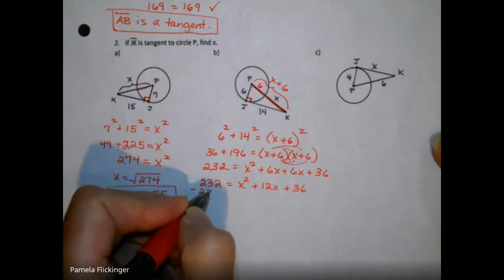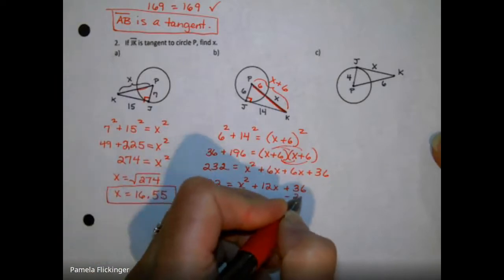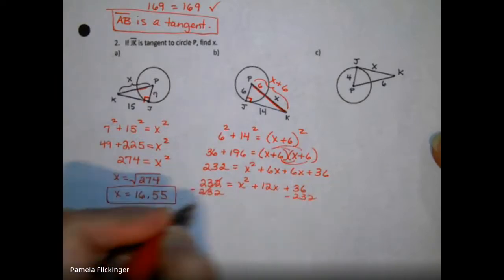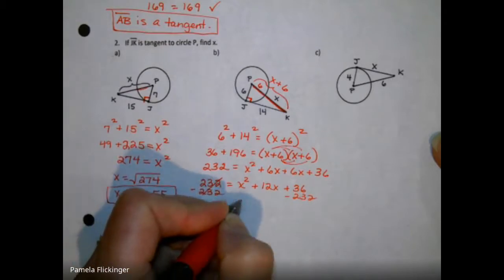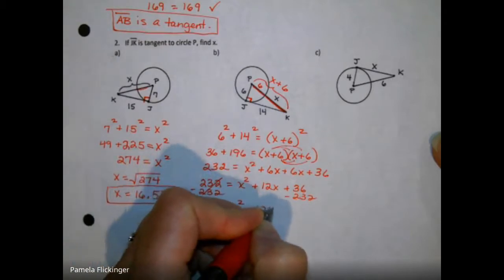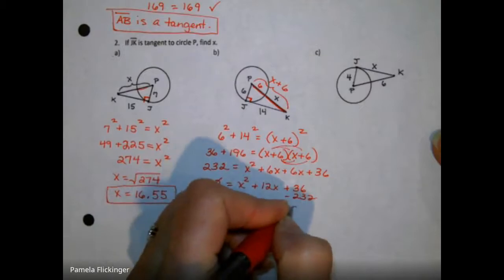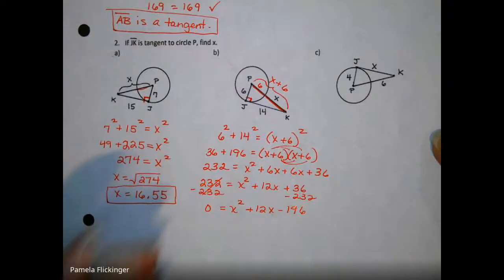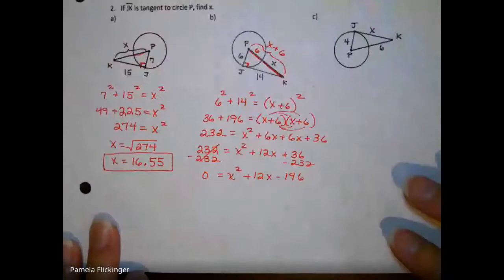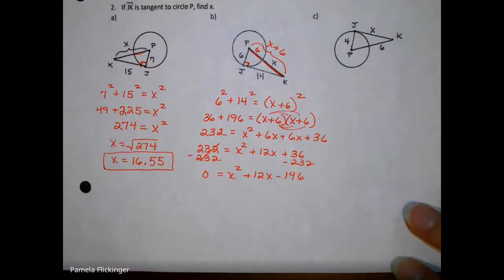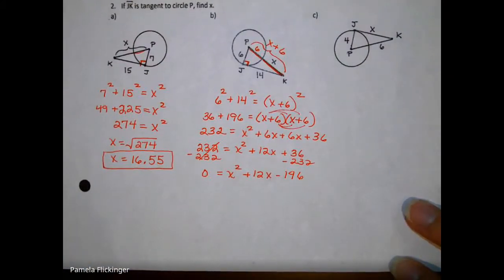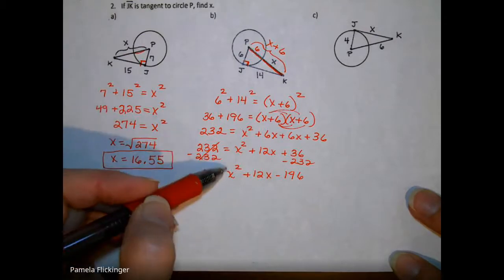Now, I'm going to finish solving this with you, because if you remember from Algebra 1, we have a quadratic. And when you have a quadratic, in order to solve it, you have to set it equal to 0, and then you would need to factor it. Now, we haven't reviewed factoring. So if you get a problem like this, I'm going to accept that you can just get it this far. But I am going to remind you how to factor this. This is one of the easy ones.